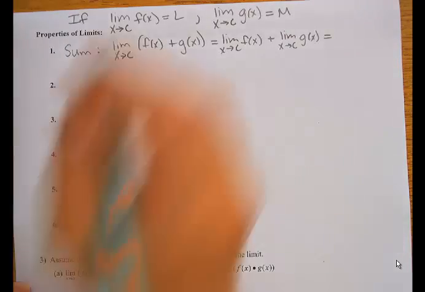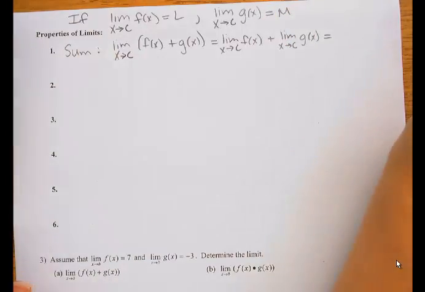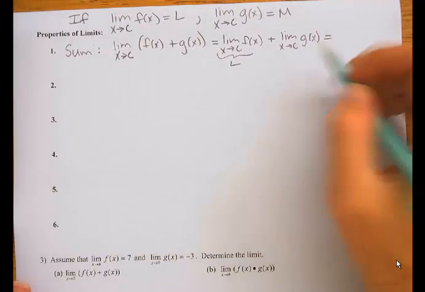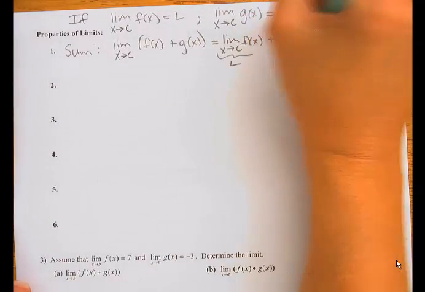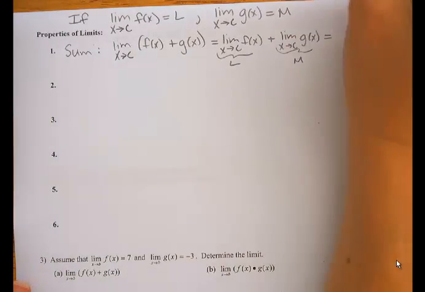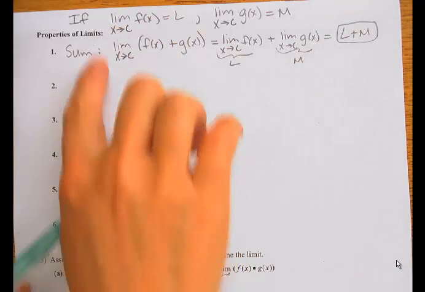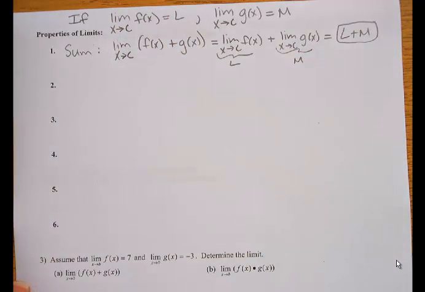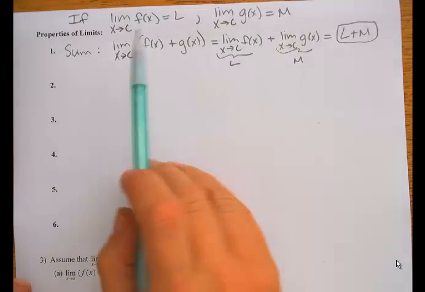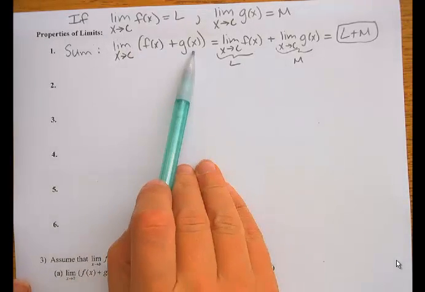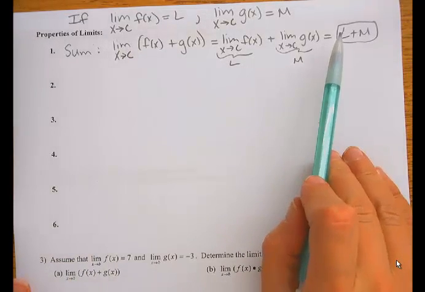So I was told that the limit as x approaches c of f of x is equal to L, and that the limit as x approaches c of g of x is equal to m. So I can find those limits separately, add them together, and then this would be the solution to the limit of the sum. So in words, you could basically say that the limit of the sum of the functions is equal to the sum of the limits.